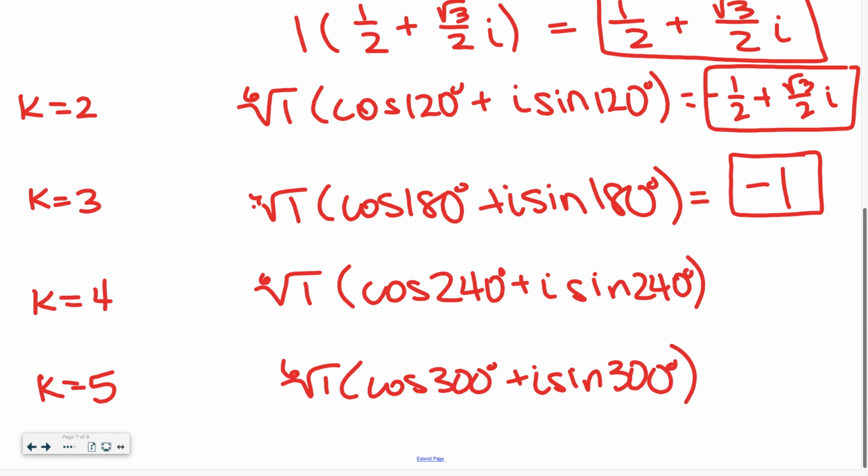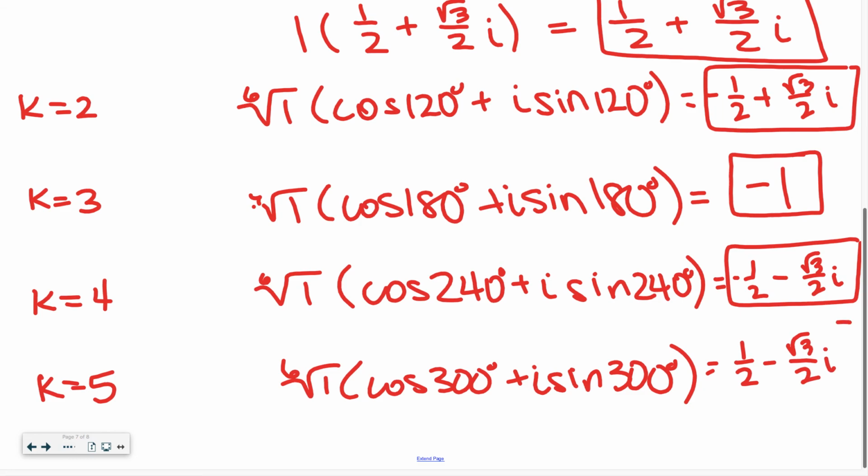Okay, so our last 2 roots would be negative 1/2 minus radical 3 over 2i and positive 1/2 minus radical 3 over 2i. Okay, this one was nice because we had unit circle values.